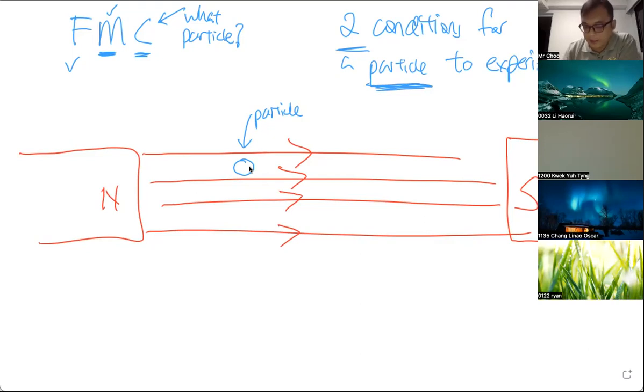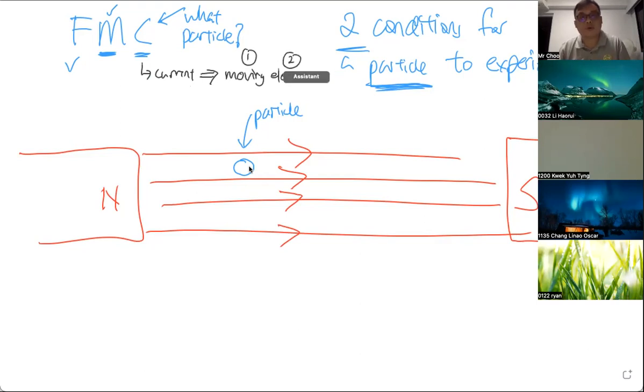Okay, so what is this particle? This is a current, correct? Current consists of what? Okay, moving electrons. So the two conditions are this. Moving electrons. So what are the two conditions?